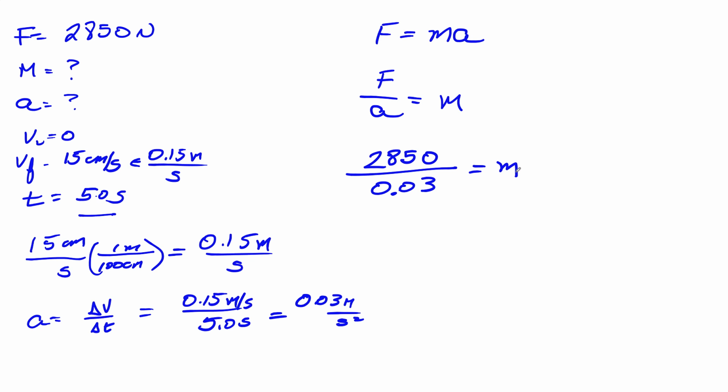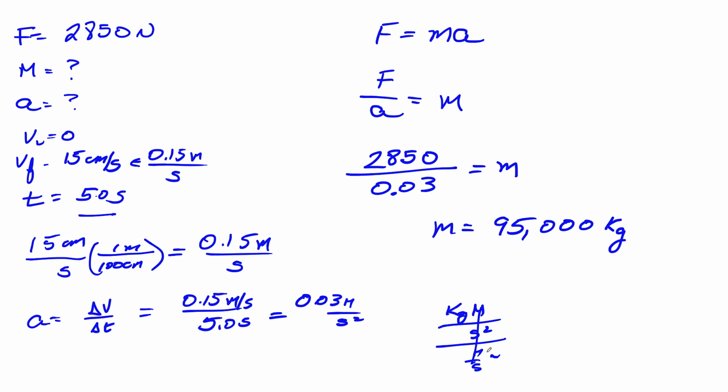We get a mass of 95,000 kilograms, which makes sense for the mass of a house. If we look at the units, newtons is kilograms meters per second squared, divided by meters per second squared. These cancel and we end up with kilograms left. So this is my answer.